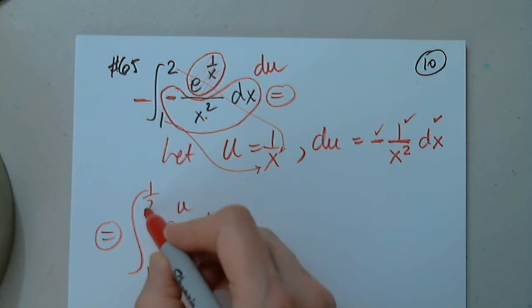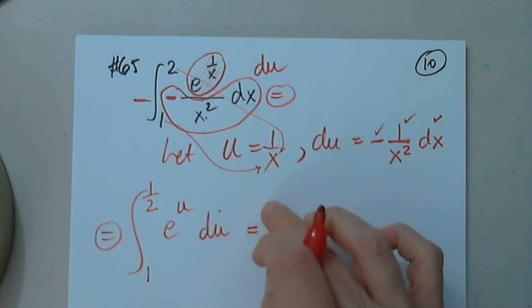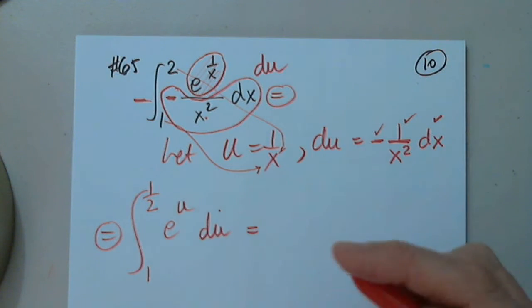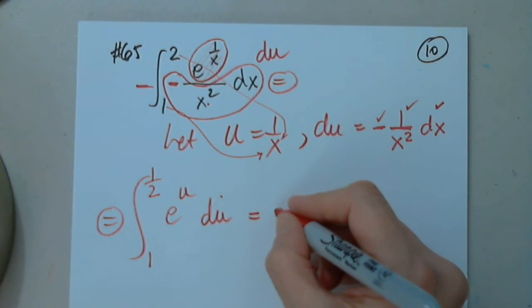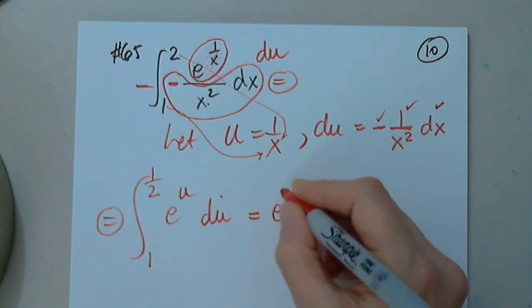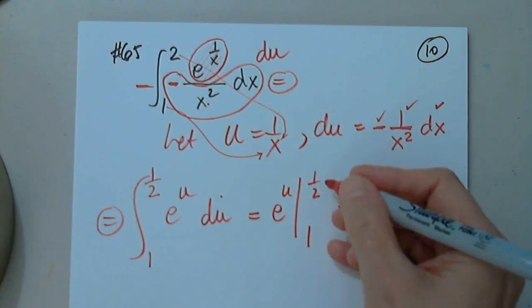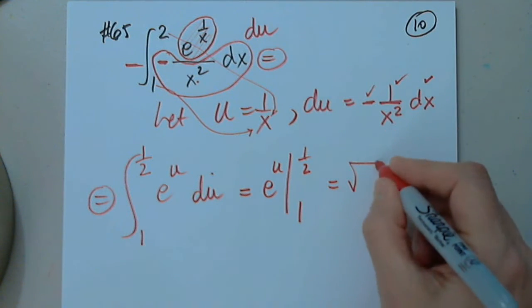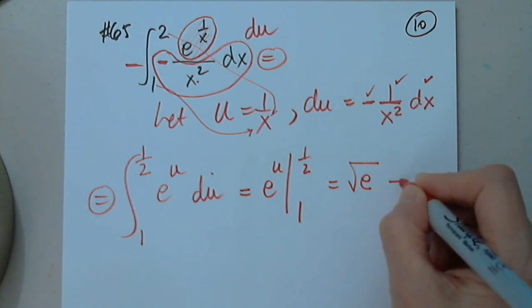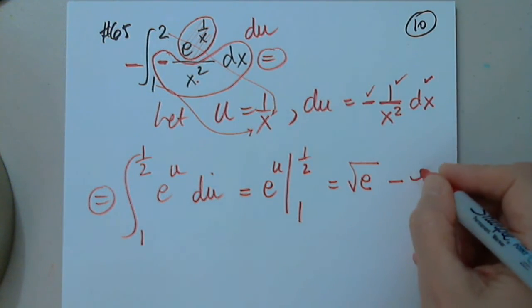Half. That's it. What function prime is e to u? E to u. Excellent. From 1 to 1/2. I plug in 1/2, which means the square root of e, minus, when I plug in 1, I have e.